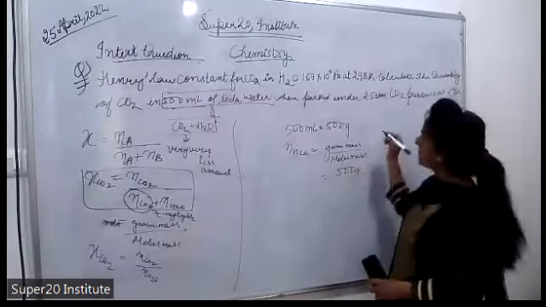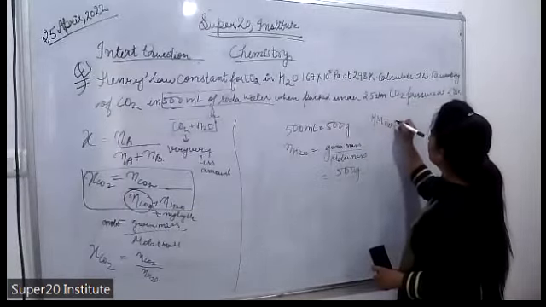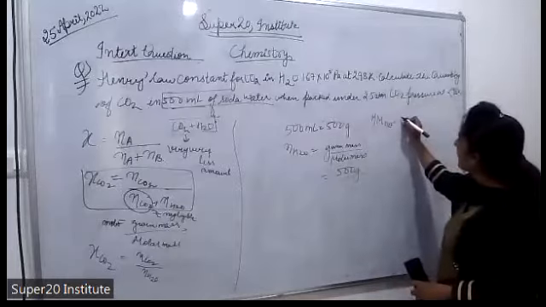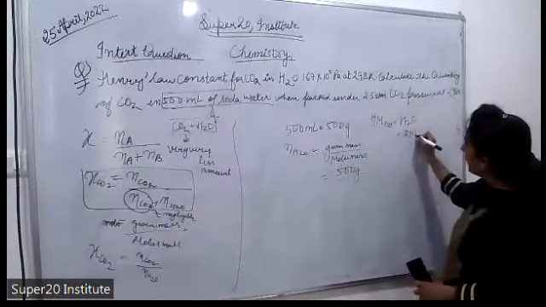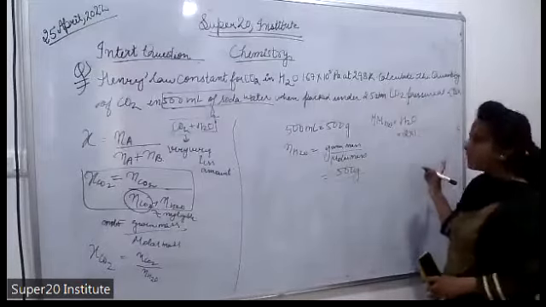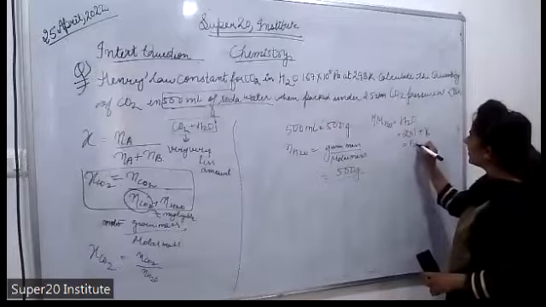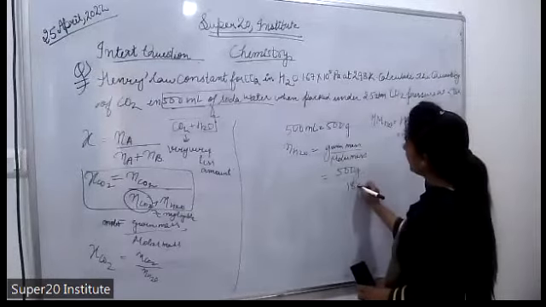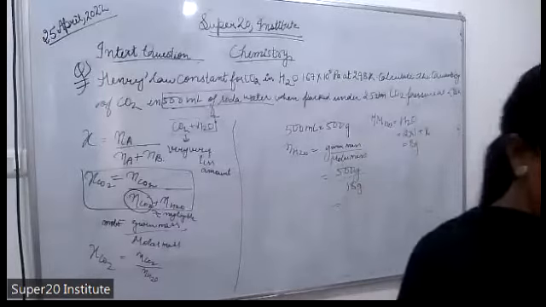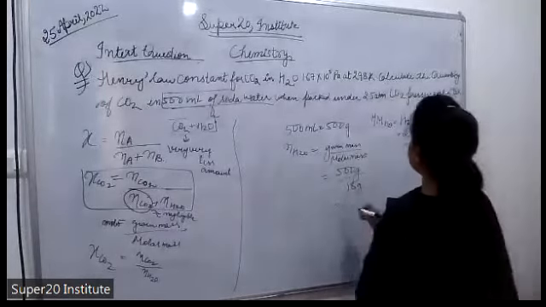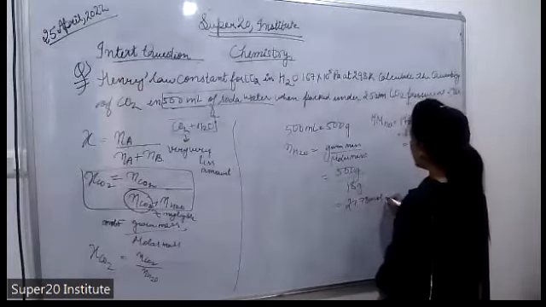The molar mass of water is 2 hydrogen, atomic mass of 1 hydrogen is 1, plus oxygen 16, so we get 18 gram. So put 18 gram here and calculate the number of moles. It comes out to be 27.78 mole.